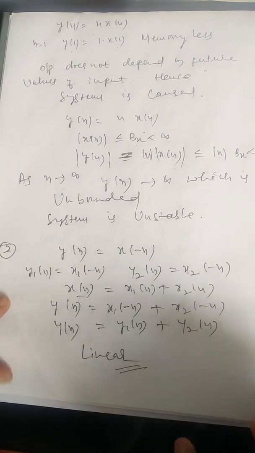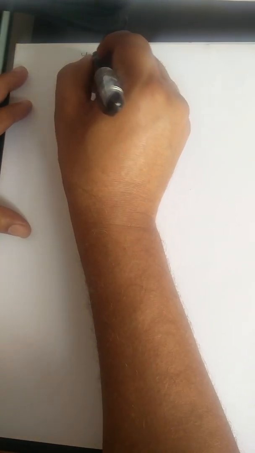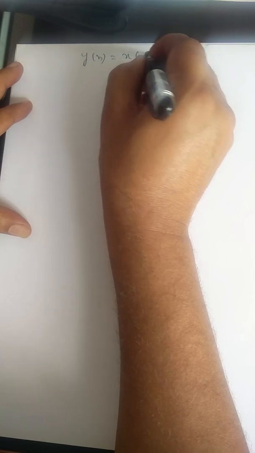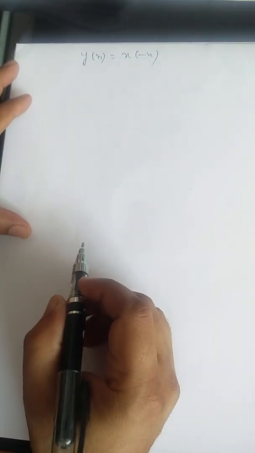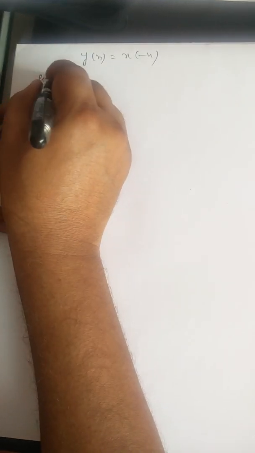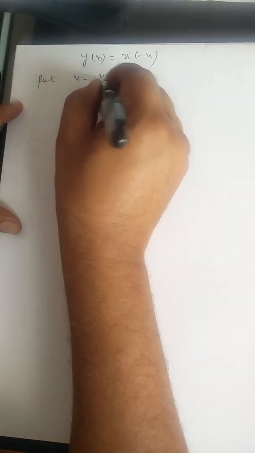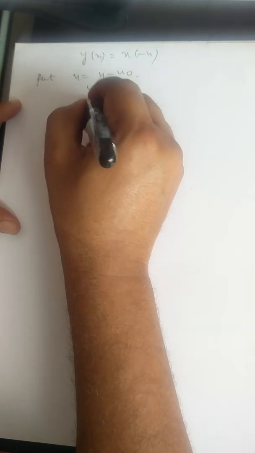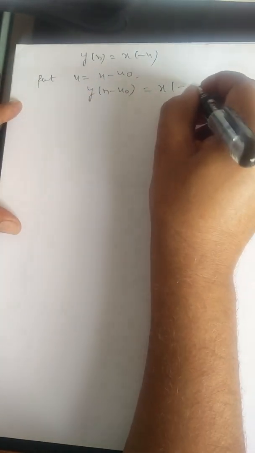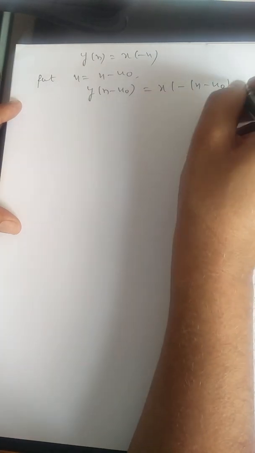Next, is it time invariant or variant? Here y of n is equal to x of minus n. To check for the time invariance property, just put n is equal to n minus n naught. You get y of n minus n naught is equal to x of minus of n minus n naught.